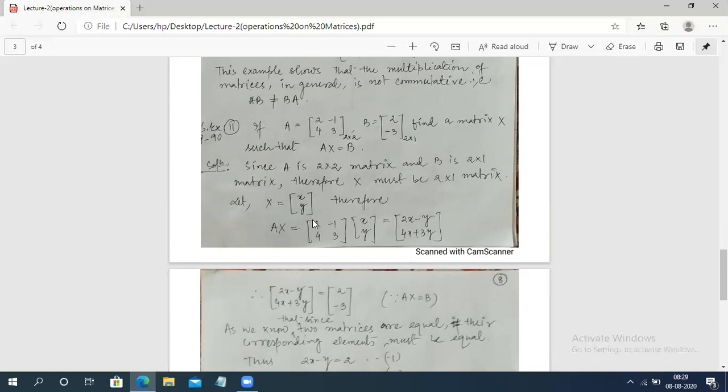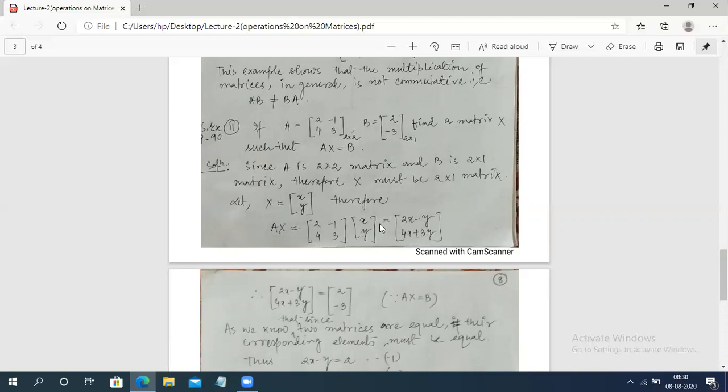Now multiply this, again the same rule, first row with each column, but here the column is only 1. So first row, first column, 2 into x plus minus 1 into y. So we are getting 2x minus y. There is no other column, so we'll stop here. Second row with first column, 4 into x plus 3 into y.